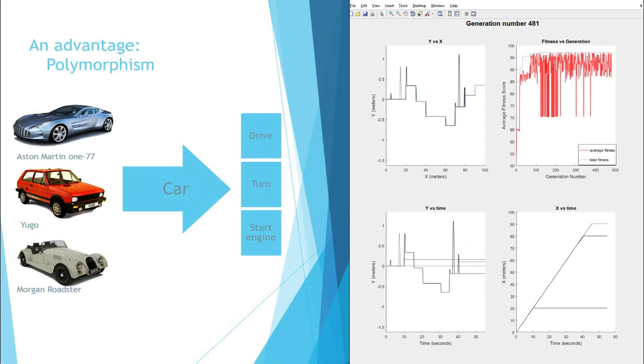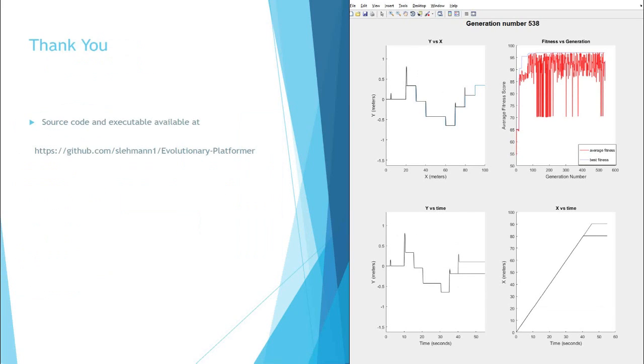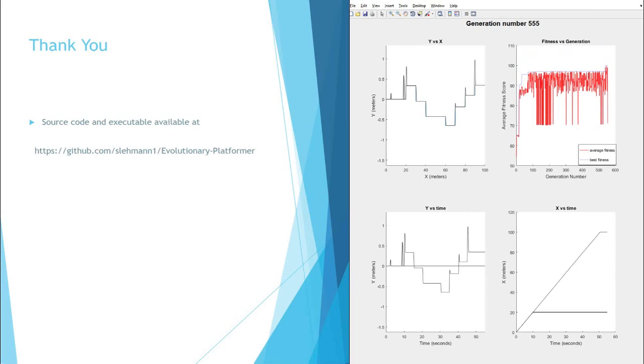For example, if you had a bunch of car objects, you could refer to them all as cars, and then perform actions on them as a car object, such as drive, turn, or start the engine. This can save you time because you don't have to code individually for each different type of car. You can just say all cars are going to drive, and then have different speeds for each individual type of car.